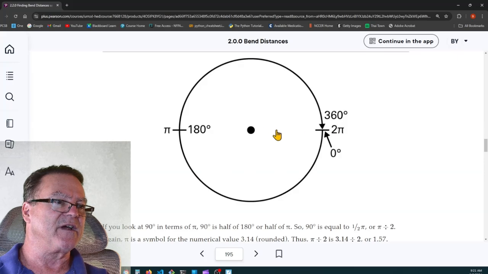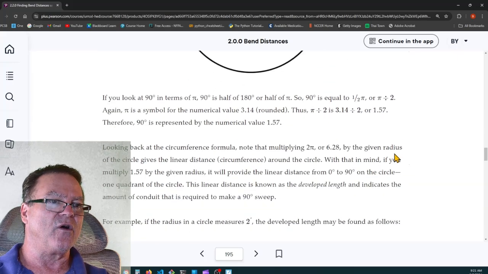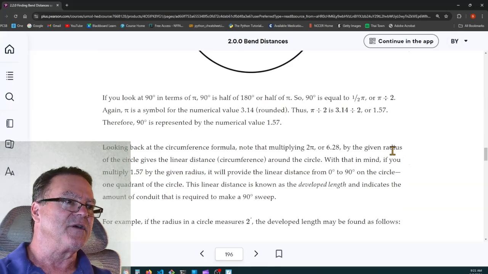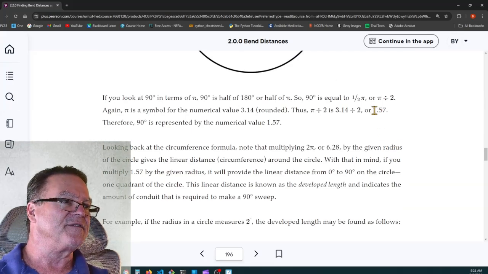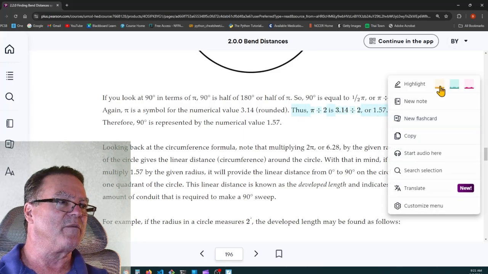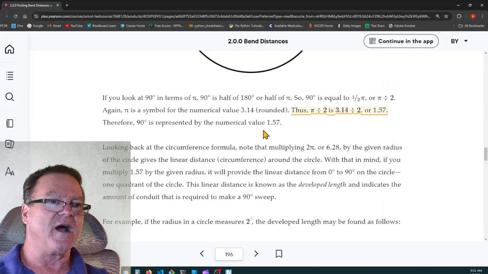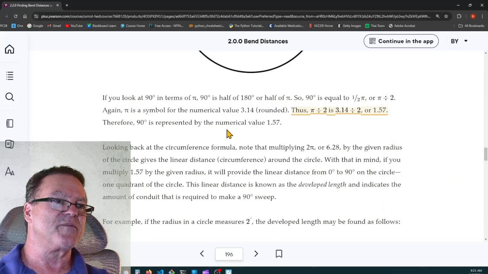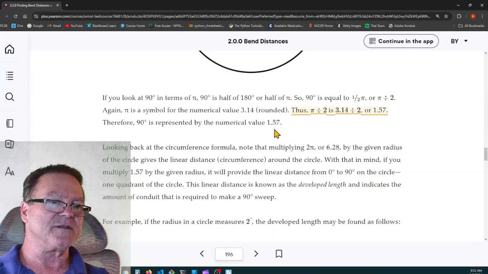And if we multiply times half of pi, we're going to get 90 degrees, the arc of that circle. So 1.57. There you go. Pi divided by 2 is 3.14 divided by 2 equals 1.57. I've now made that a highlight. 90 degrees is represented by the numerical value 1.57 times the radius.